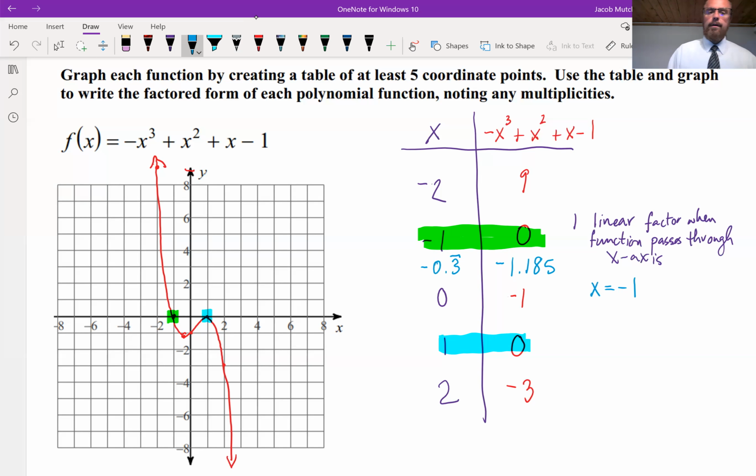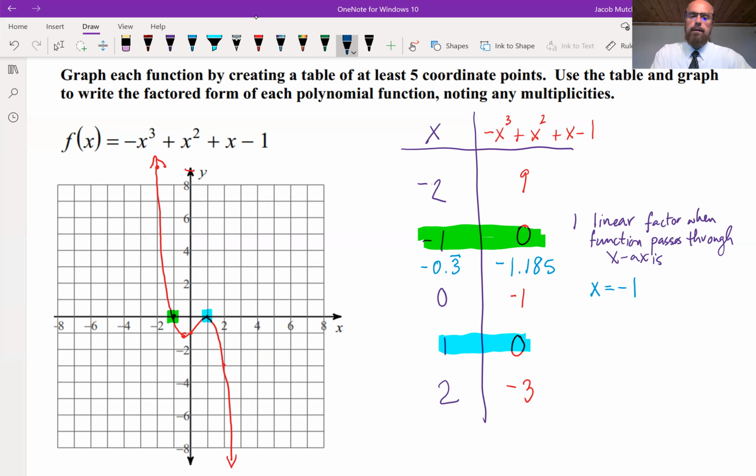Anytime you have a maximum or a minimum that's on the x-axis like that, for me, the best word is a bounce. That indicates that what I've got there is a doubled factor. So let me write it here in general terms, and then we'll say, how does that show up as factors for our function here?